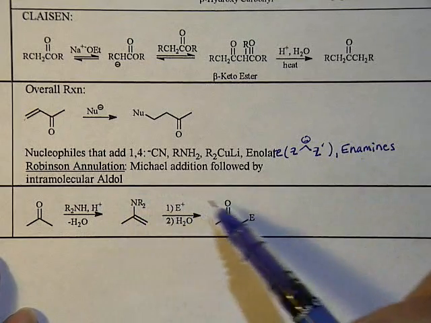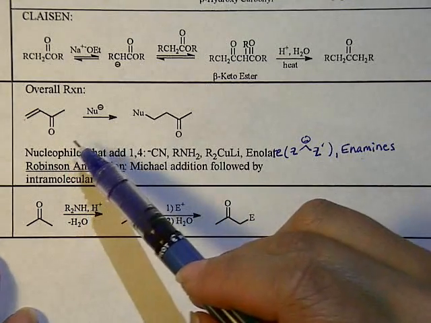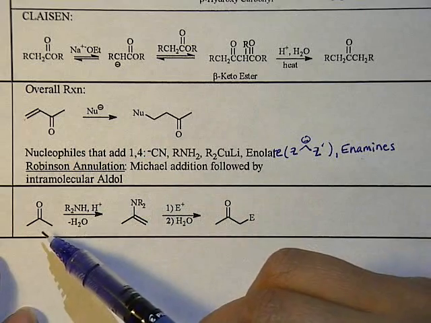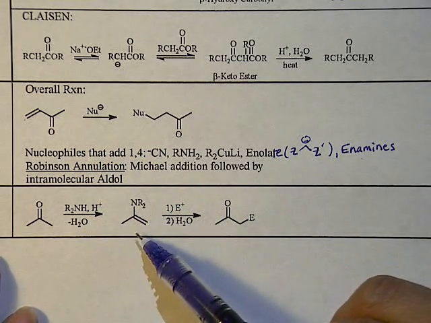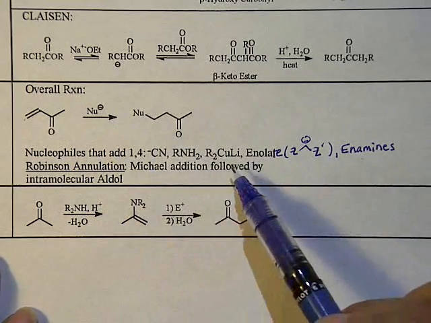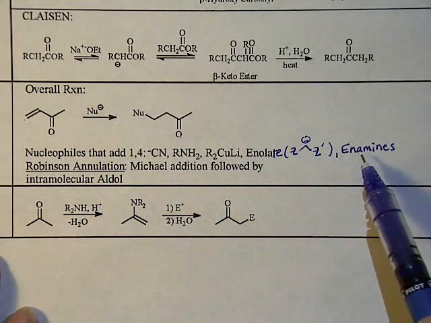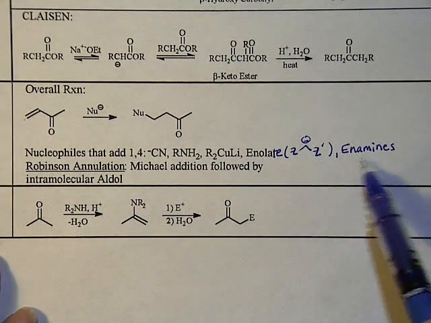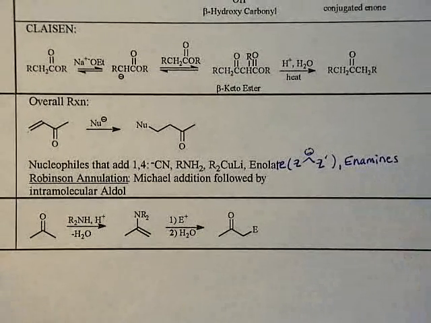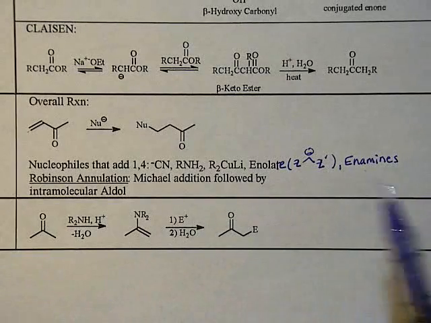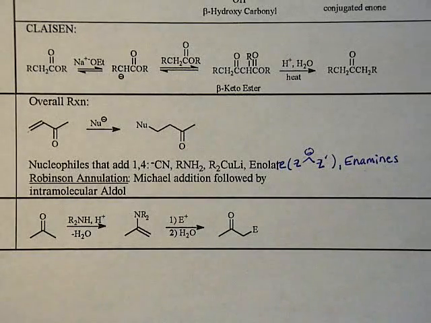But if you have to do a Michael reaction with a regular ketone, then you should be thinking about making an enamine first and then doing a Michael, because enamine is one of the few ways that will add in a 1,4 fashion, and regular enolate cannot. Remember the limitation? So you're going to have to put in another step in order to make the enamine first and then do the Michael reaction.